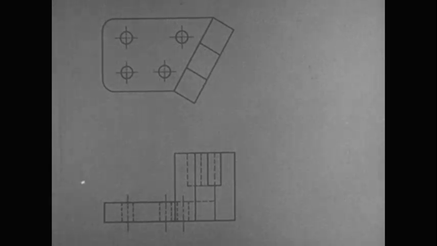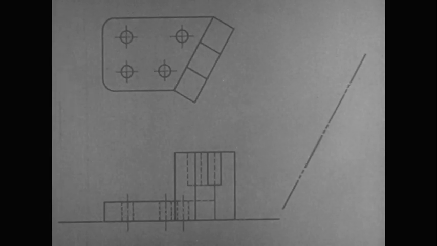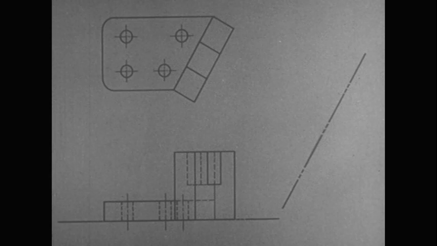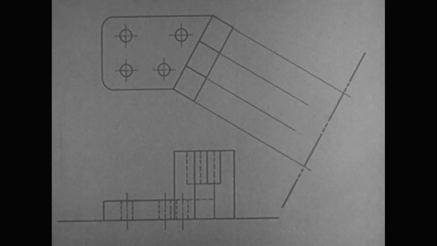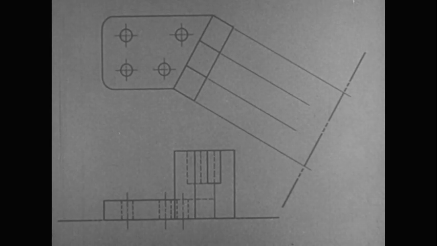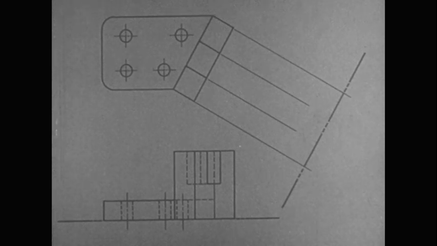Therefore, in making your drawing, construct reference lines, one on the view which shows the slanting face foreshortened, and another parallel to the edge view of the slanting face at a convenient distance. To get one dimension of the auxiliary view, draw lines perpendicular to the auxiliary reference line from the edge view of the slanting surface.